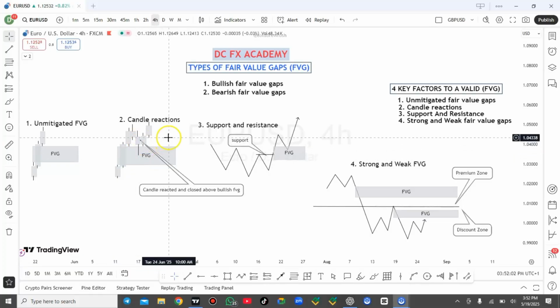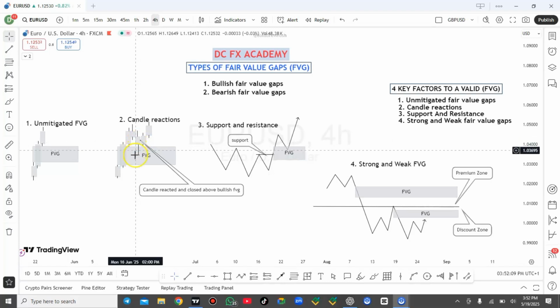And criteria number two states also that the candle that dropped inside must close above the fair value gap, giving us a very good confirmation that bulls are very strong. Okay, and you enter from the second candle, place your SL either below the last wick, or you can be conservative and place it below the fair value gap.